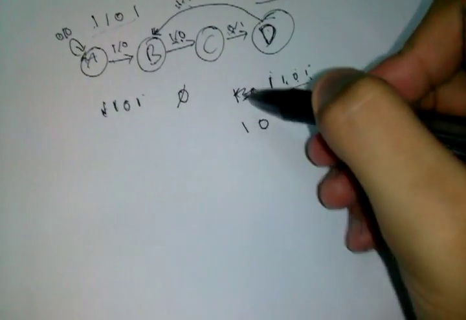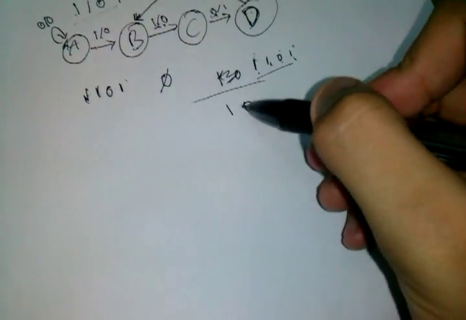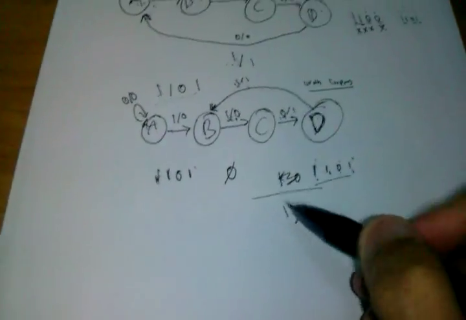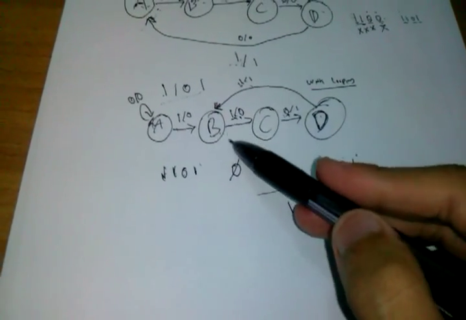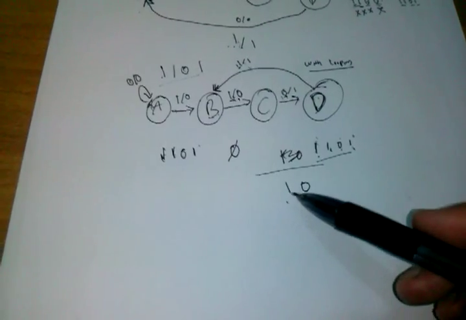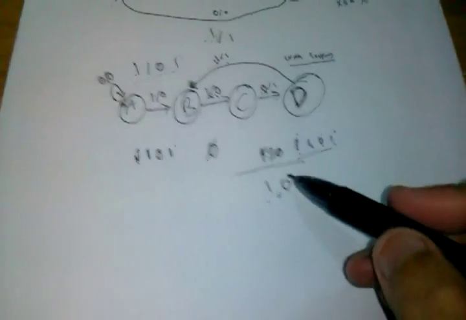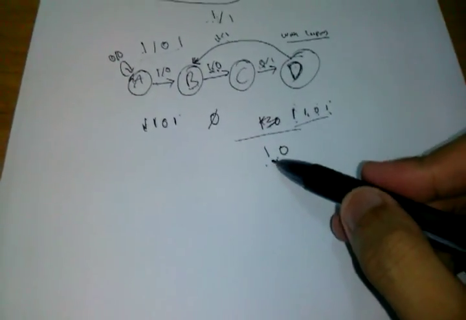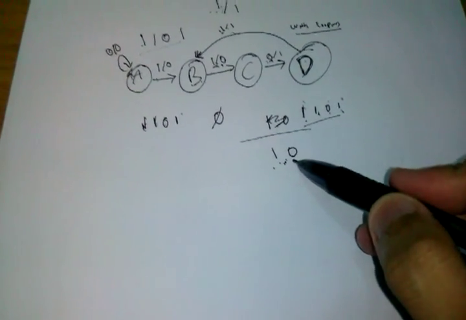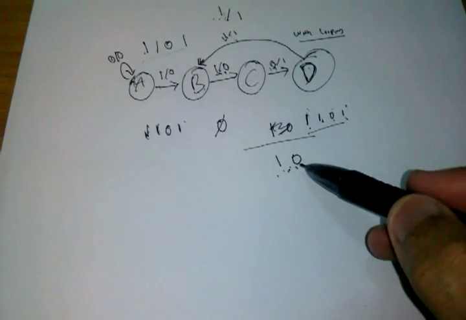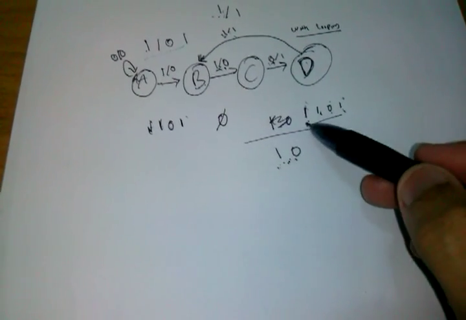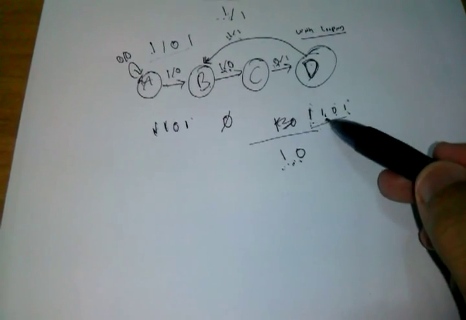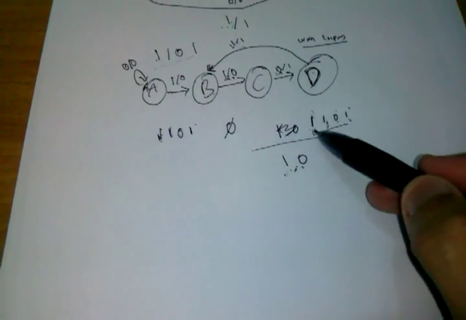Okay, if B got 0, the machine will detect the first digit from this to this, because we want the first digit and the second digit is already this 1 and 1.